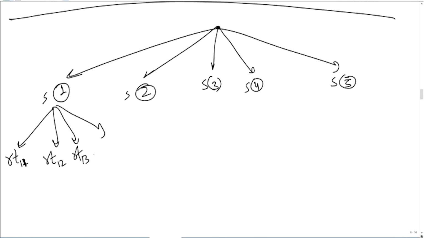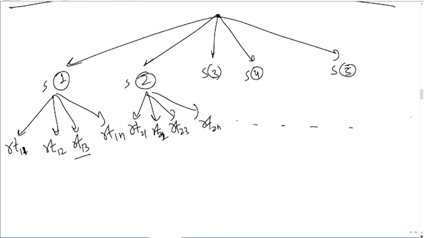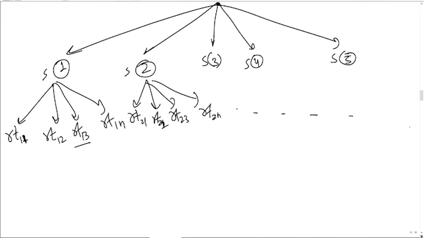This is RT13. How much time does subject 1 take to read word number 3? This is RT1n. Similarly, here you would have RT21, RT22, RT23, RT2n and so on. So each subject is reading 100 words and we are recording their reaction times on each word.